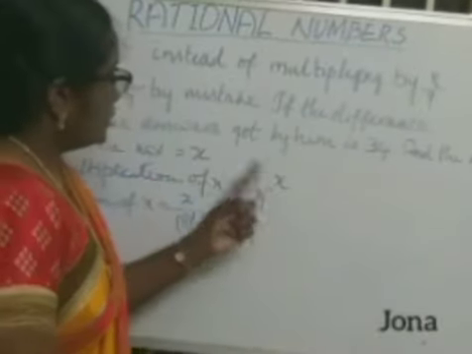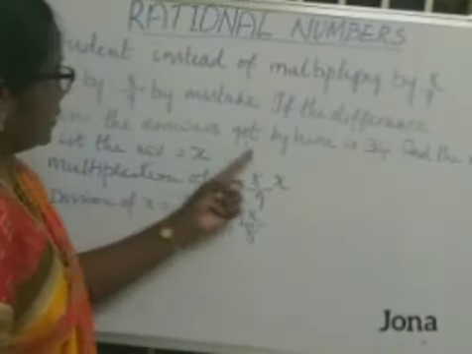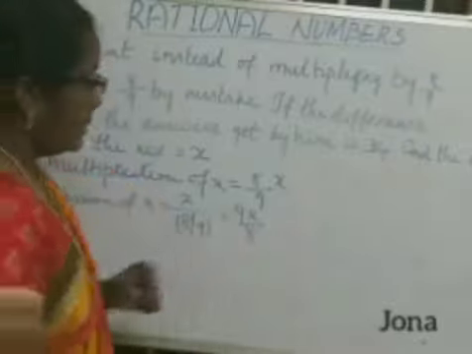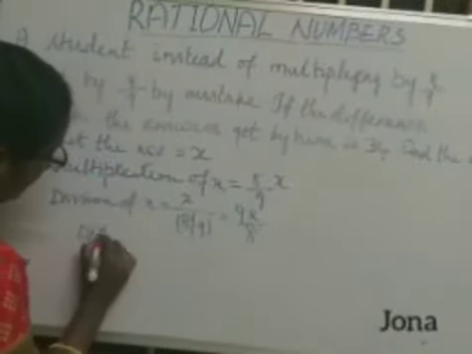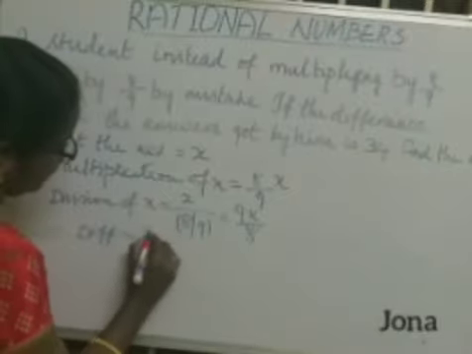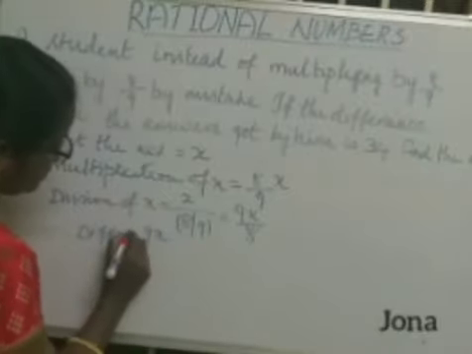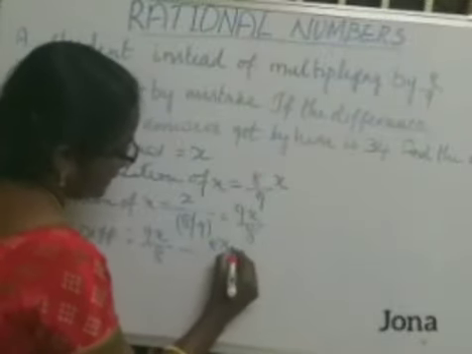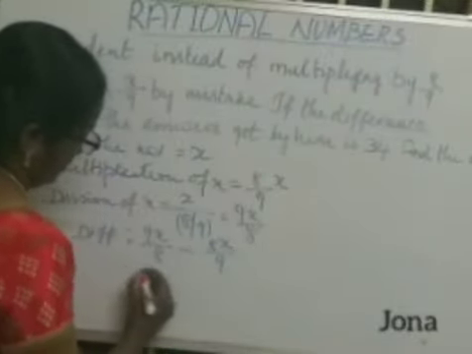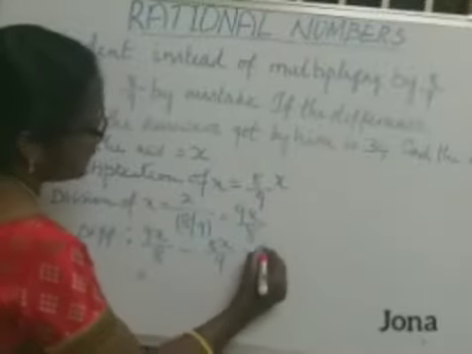Okay, so the difference between these two answers is 34. So the difference is 9x by 8 minus 8x by 9, which is equal to 34, as given in the problem.